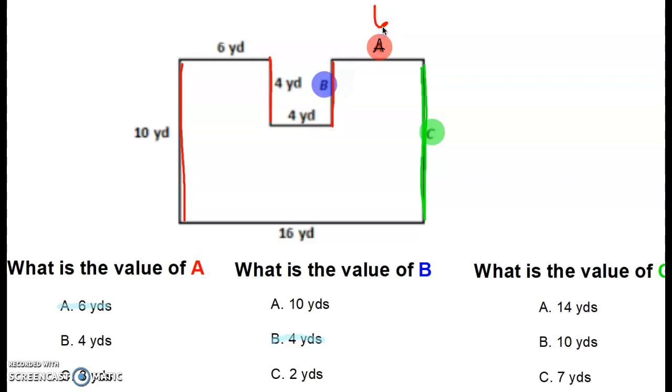A was 6 and B was 4. So when I'm looking at those red sides in comparison to my green side, kind of similar idea. You should notice it's the same side. So although this wasn't completely a rectangle, that idea that you can possibly have mirroring sides that are the same value is actually still a possibility.